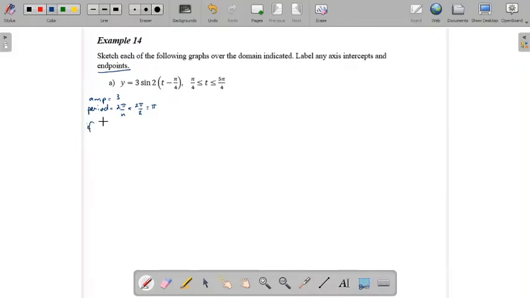If t equals pi on 4, then our y value will be 3 times sine of (2 times (pi on 4 minus pi on 4)). So what we've got is 3 sine of 2 times 0, so that's 3 times sine of 0, and sine of 0 is 0, so 3 times sine of 0 is 0. So our starting point is pi on 4, 0.